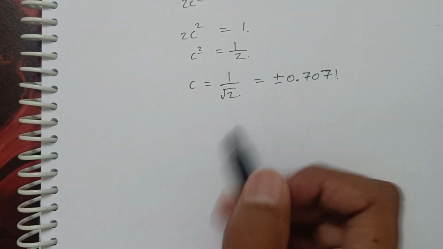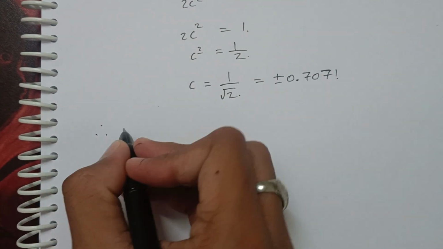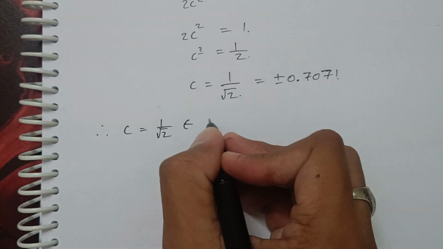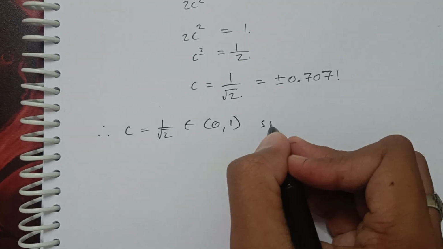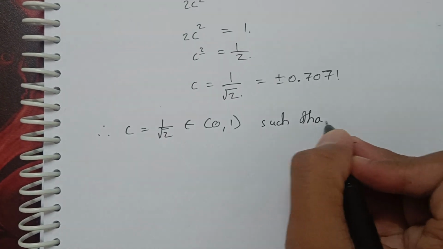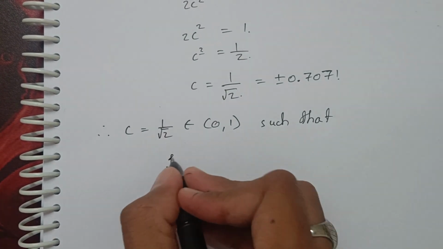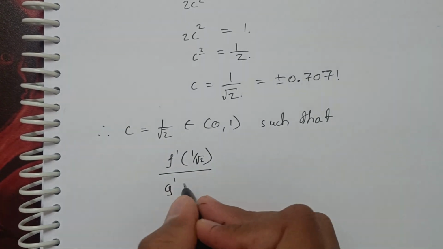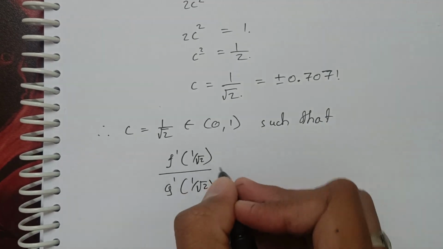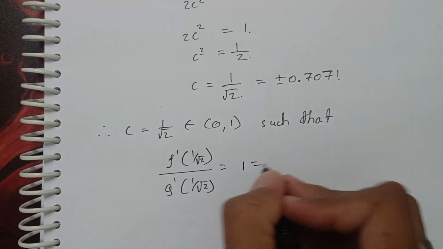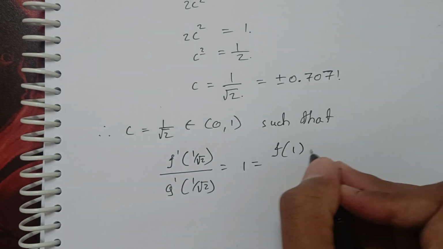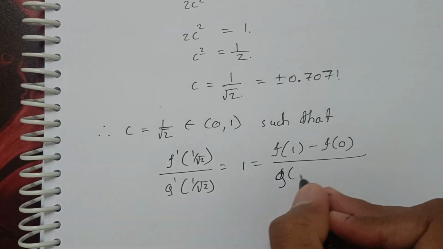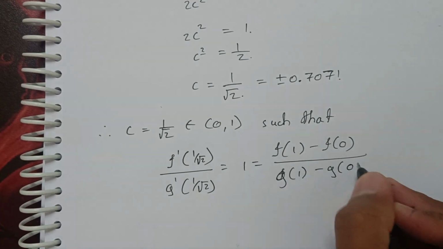So now we have got the values of c. So let's state it. C is equal to 1 by root 2, which belongs to 0, 1, such that f dash of 1 by root 2 divided by g dash of 1 by root 2 is equal to f of 1 minus f of 0 divided by g of 1 minus g of 0.